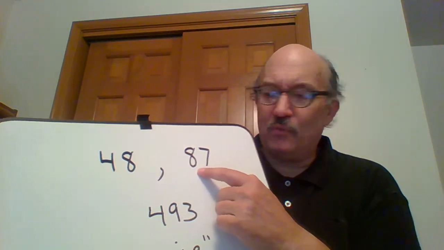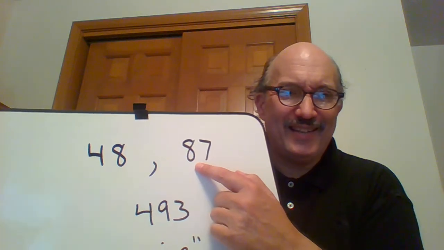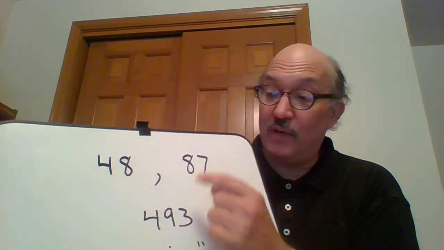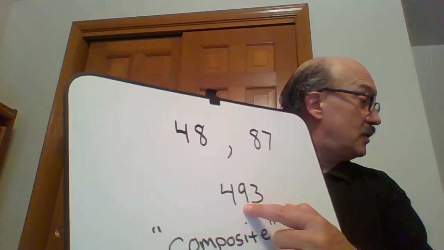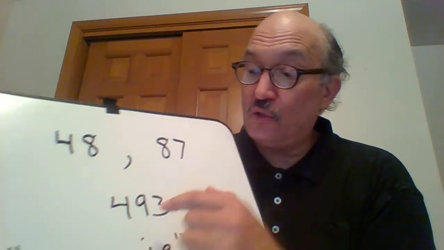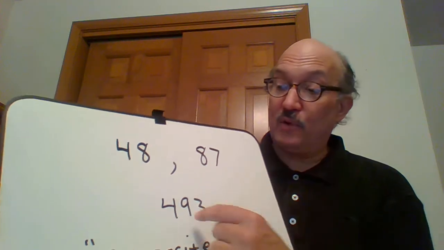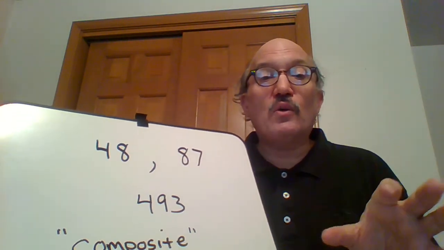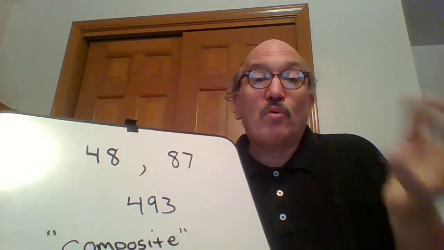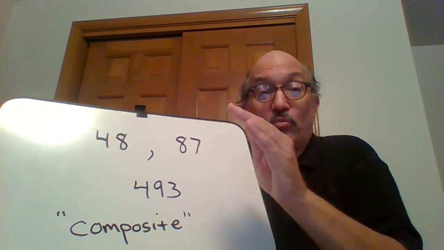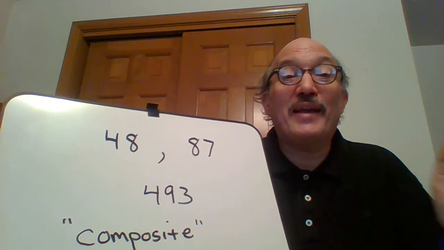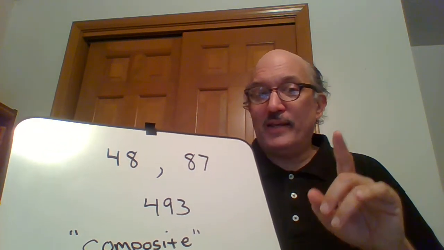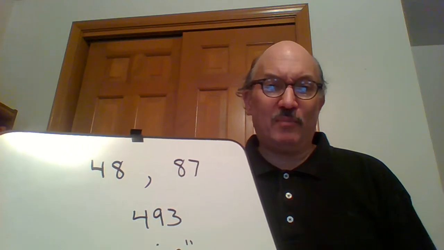The 87 was, what, 3 times 29? So the 3 and the 29, which are prime, are the building blocks of the 87. And the 493 was 17 times 29. So those 2 prime numbers are the building blocks of 493. So whole numbers greater than 1 that are not prime are known as composite because primes compose or make them up.